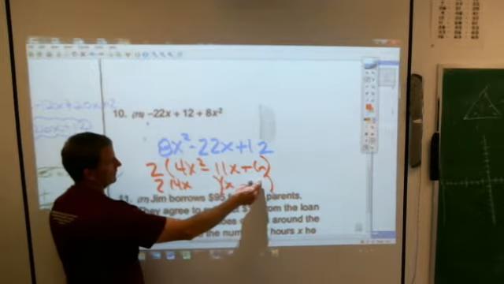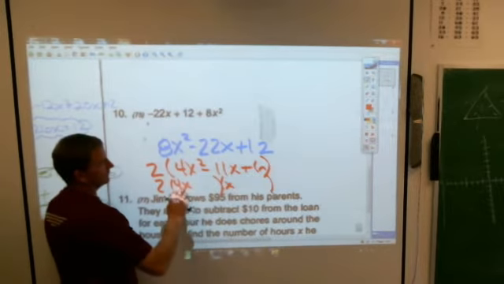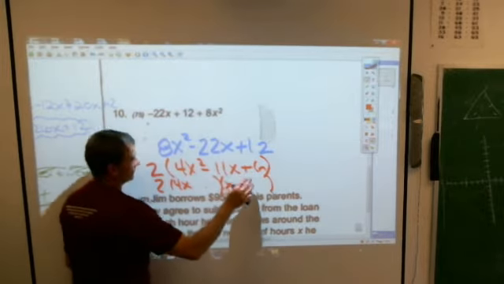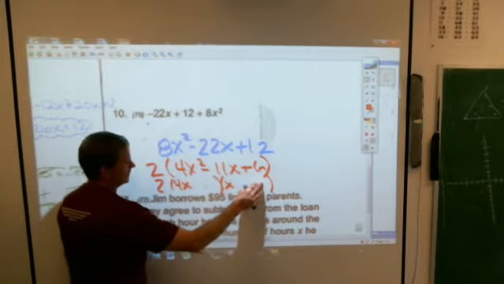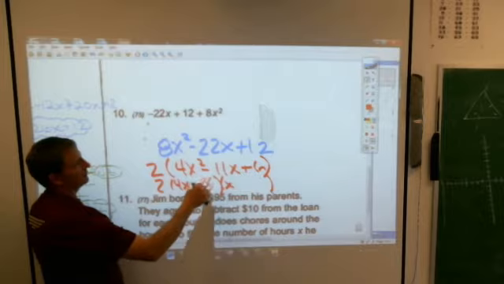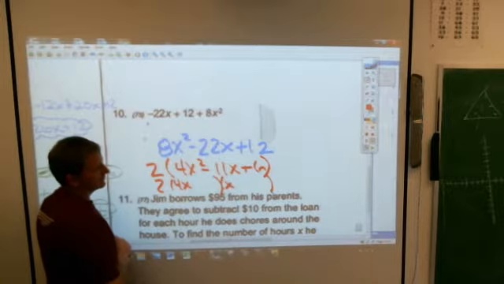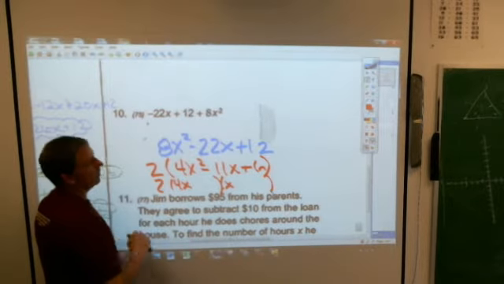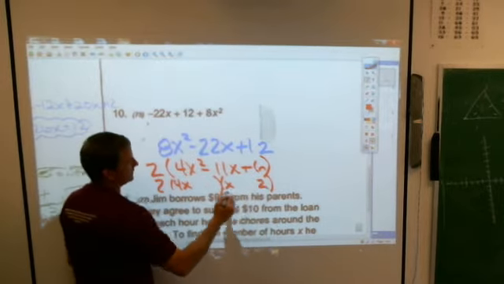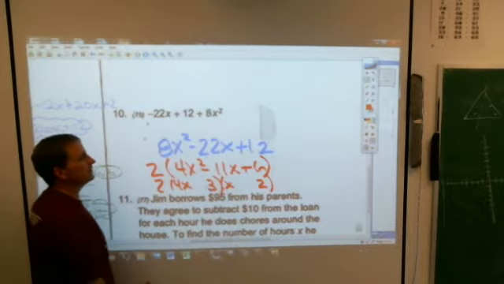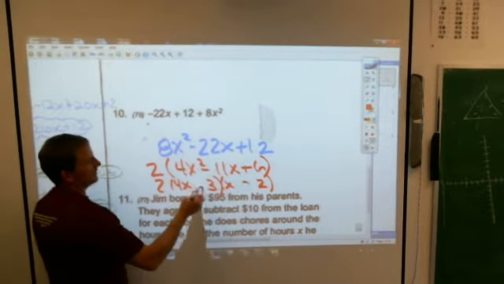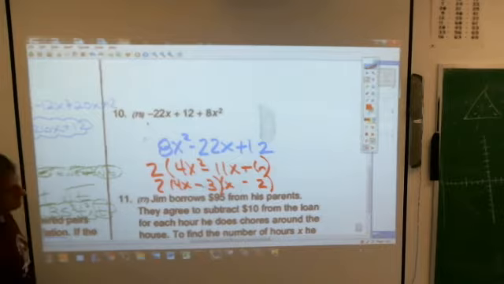If I put a 3 there, I get 12. No. If I put a 2 there, I get 6. Oh, I put a 2 there, I get an 8, and a 3 there, I get 11. Oh, look at that. And I put my minus sign there under negatives.